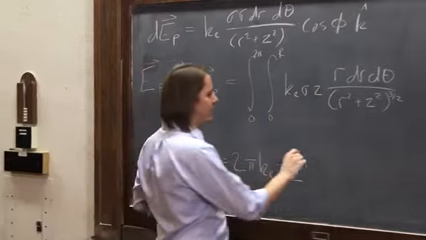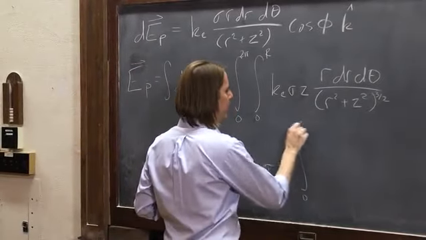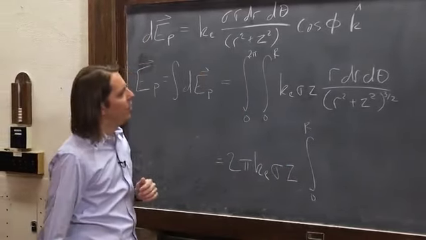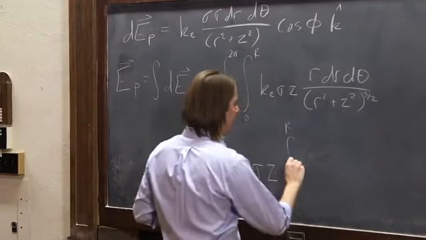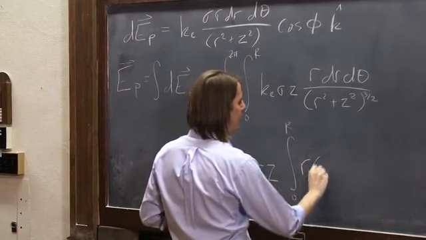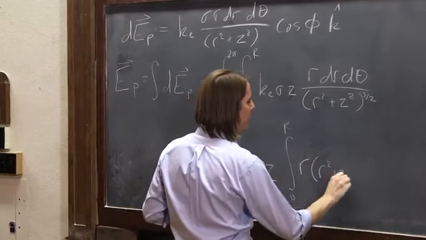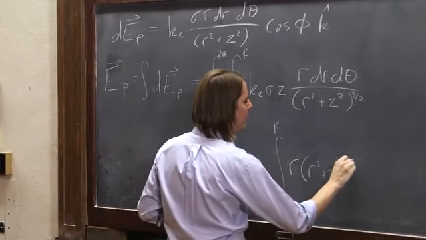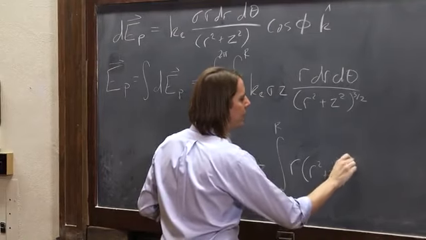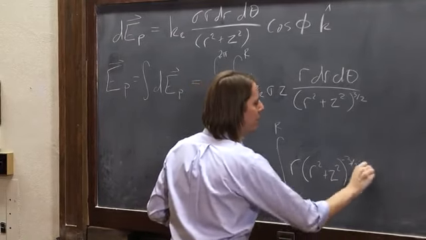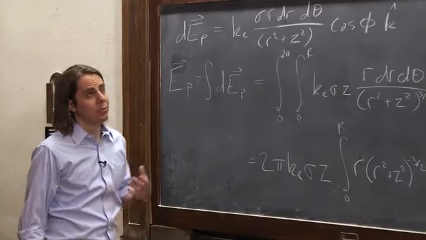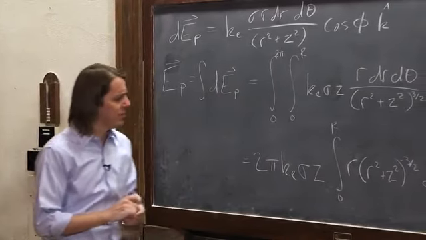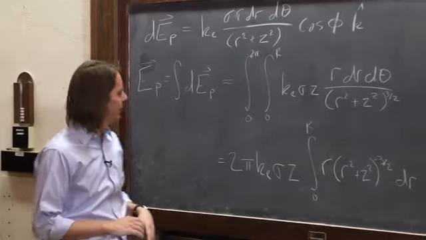And we're left with this integral from 0 to R of r, and I'm going to write it like this, r times r squared plus z squared to the minus 3/2. Go ahead and just not write it as a quotient, dr. Similar to how I did that integral when we had the point charge near the rod. We'll just write it this way.